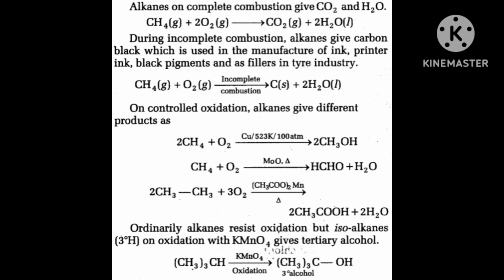Again it will break, and you will get a chlorine free radical, because of the methyl group. After attacking, this methyl radical will react with the free chlorine atom and form methyl chloride.